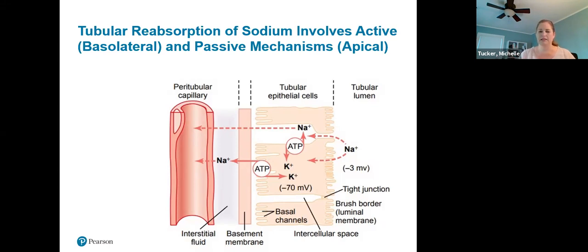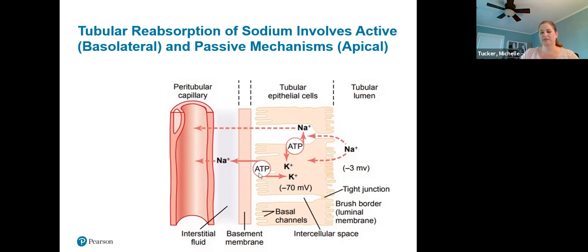So the first way is primary active transport, using energy to take sodium out of the tubule cell and transport it essentially to the capillary.